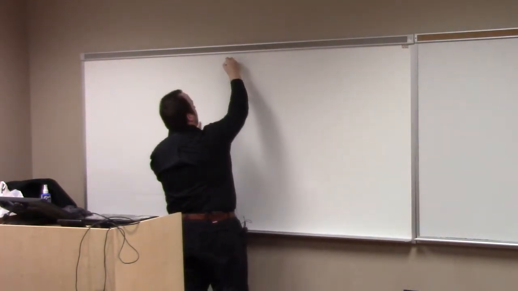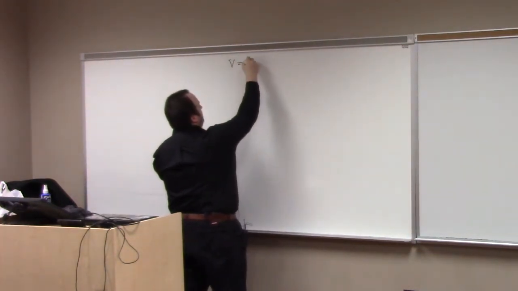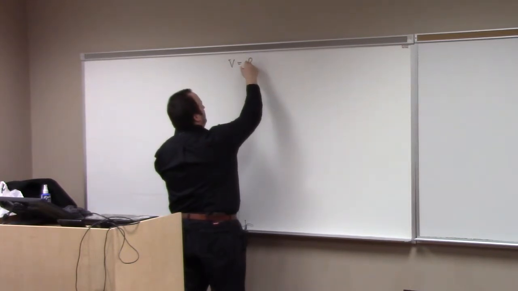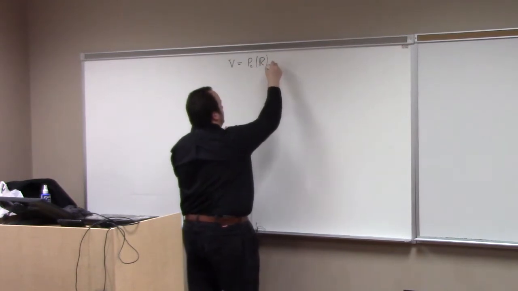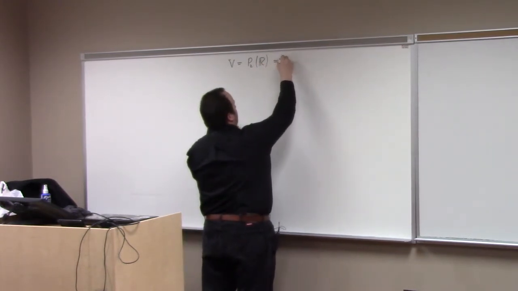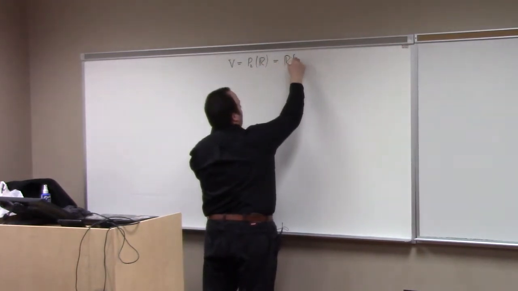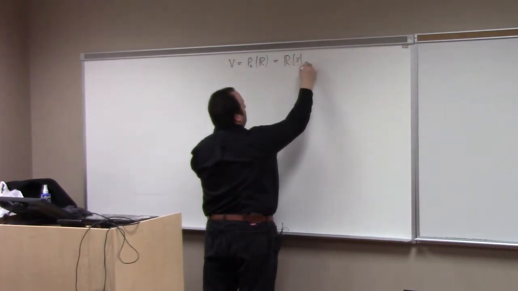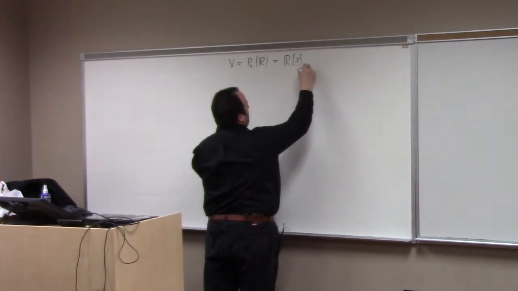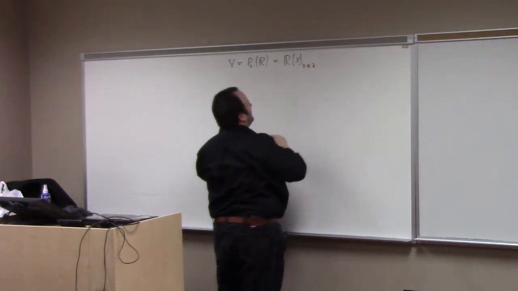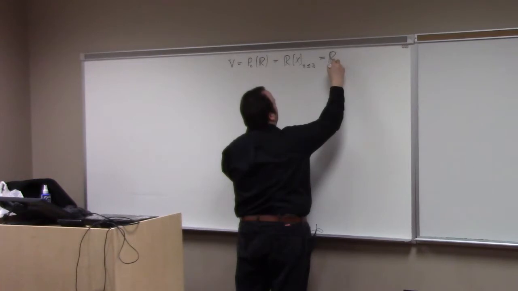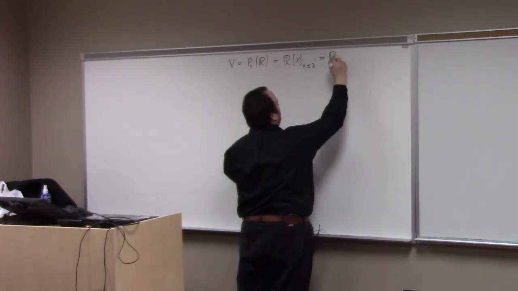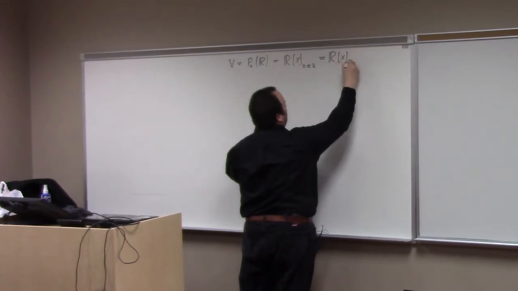So another example of a vector space would be, and in my current notes I use P2R, but it occurs to me a better notation might be R of x with a bound on the degree.